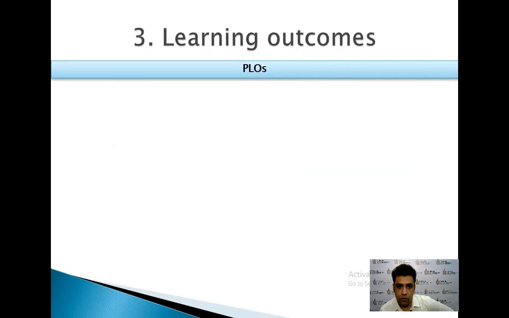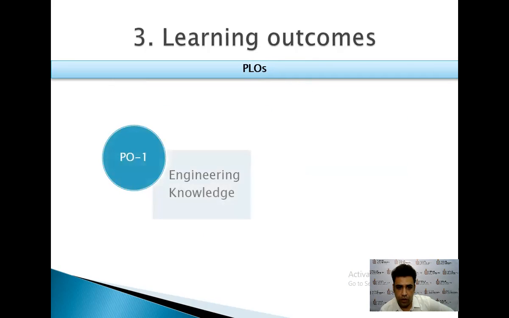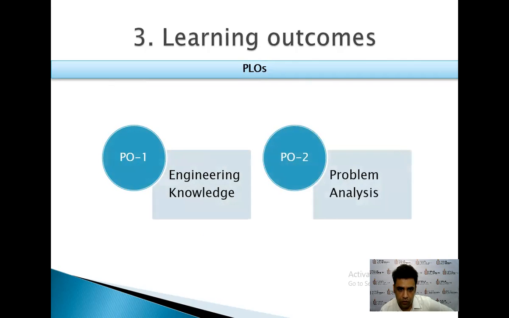After CLOs, we will move towards PLOs. We are going to cover 2 POs in this course. One is engineering knowledge and another is problem analysis. Of course, engineering knowledge is the basic PO. We will get knowledge about the power stations, their accessories, their auxiliary systems, their working principle, and their basic concepts.